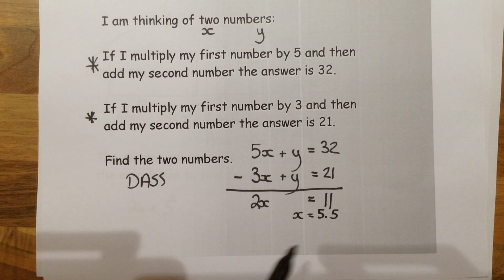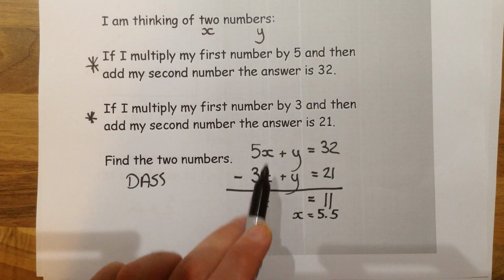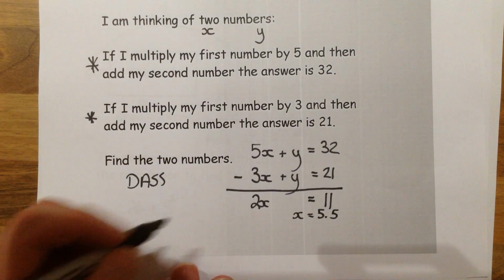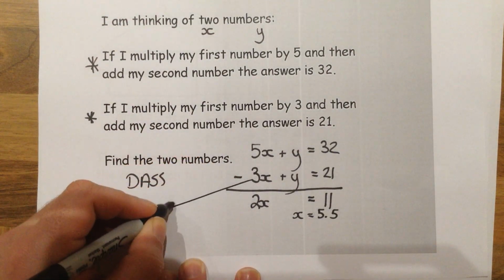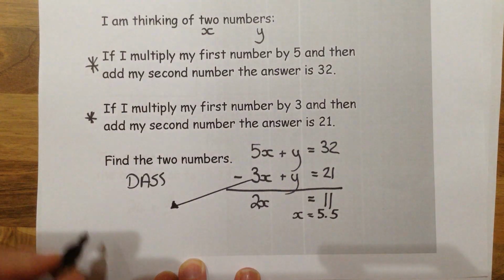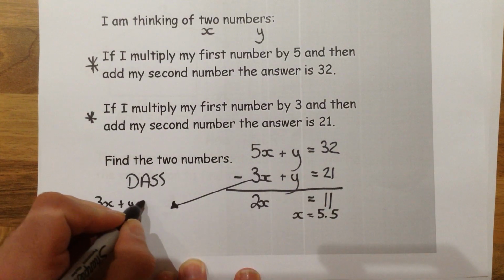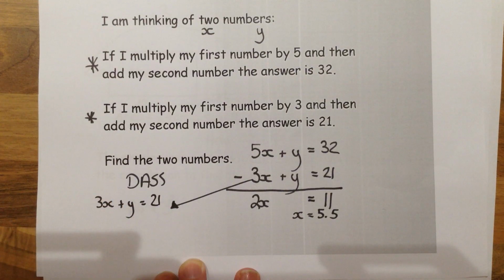I now need to find the value of y. What I do is I substitute x equals 5.5 into one of these equations. I'm going to use this one at the bottom here. So what I'm going to do is replace the letter x with the number 5.5 in this equation.